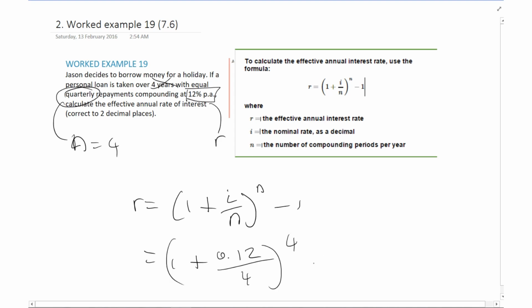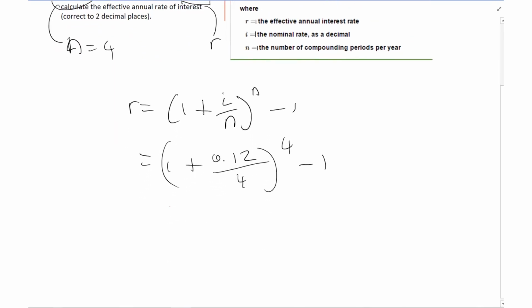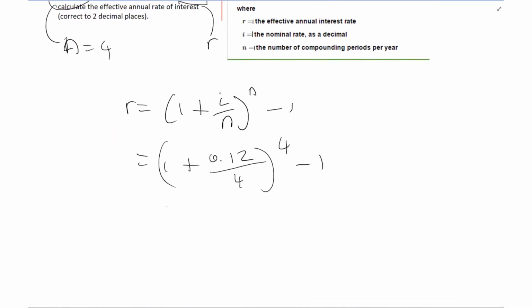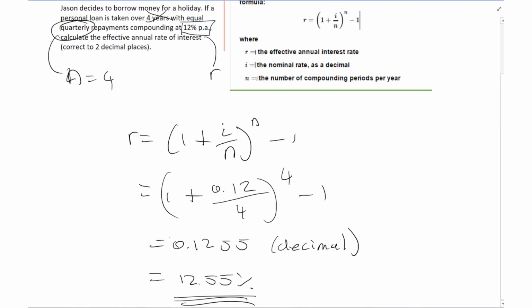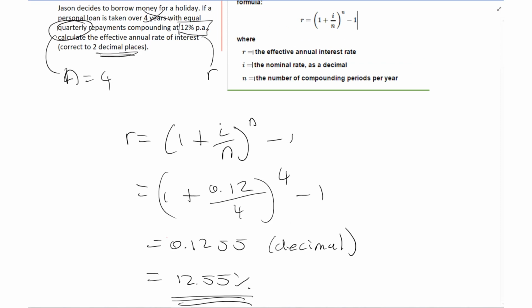I'm going to do the power of 4 minus 1, and I will get a value of 0.1255. Remember, that's my decimal. I want to convert that to a percentage, so I multiply it by 100. So that becomes 12.55%, and that's my value there. That's corrected to 2 decimal places because that's what it asked for here. Remember, this stuff's important, 2 decimal places and so on.